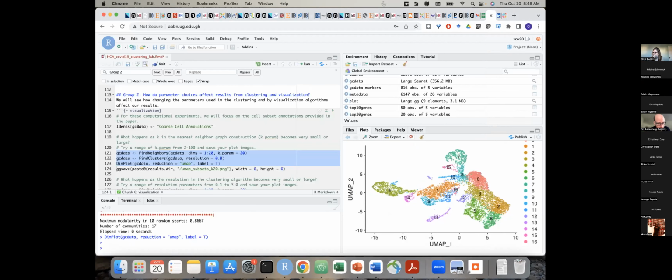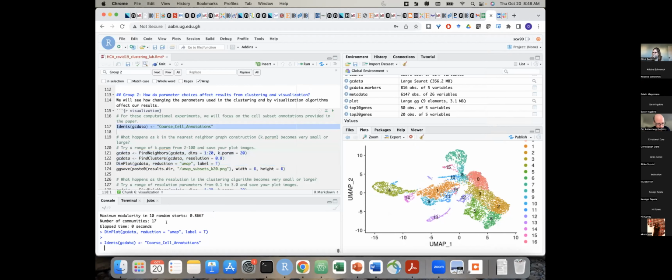So we can look at the actual identities of the cells as determined by the authors of the study. Let me show you this side by side.